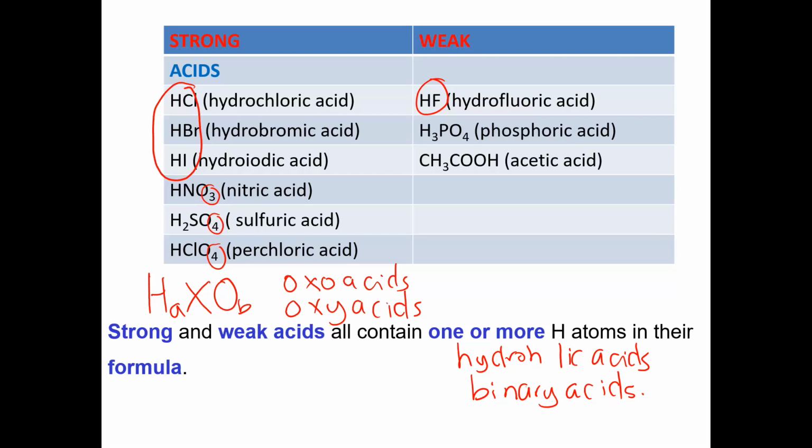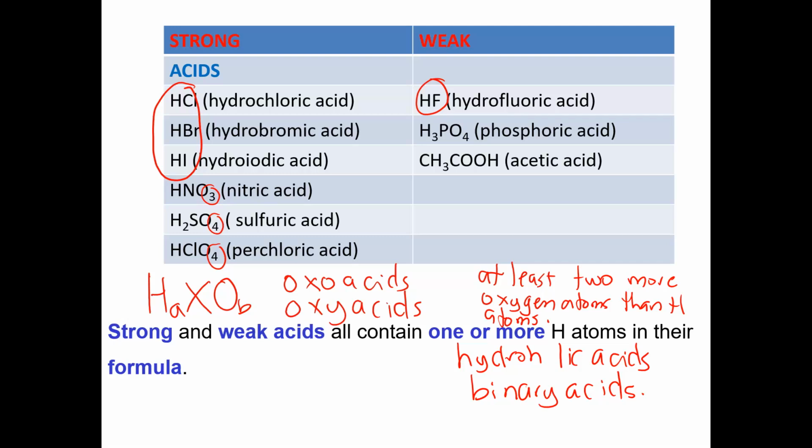The oxyacids that are strong all have something in common, and that is that they have at least 2 more oxygen atoms than hydrogen atoms. So that's worth taking a note of.